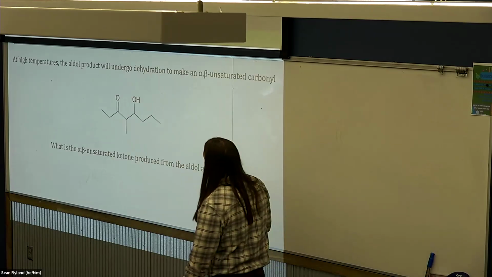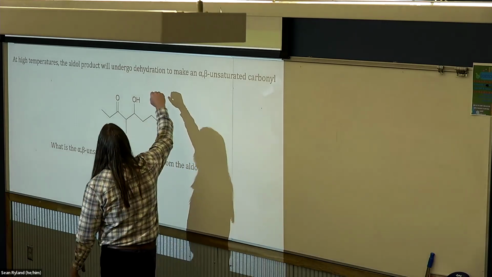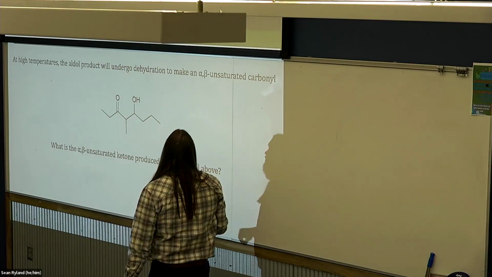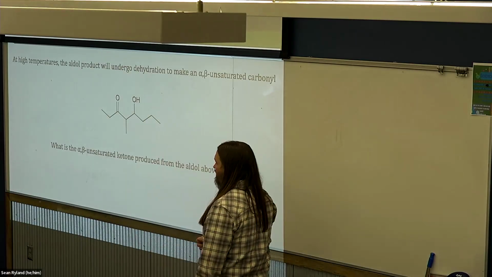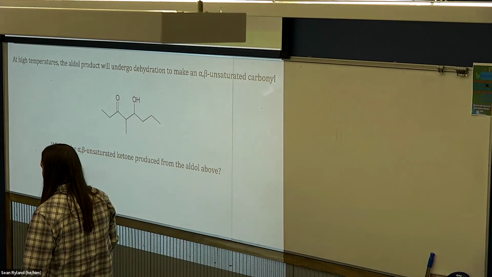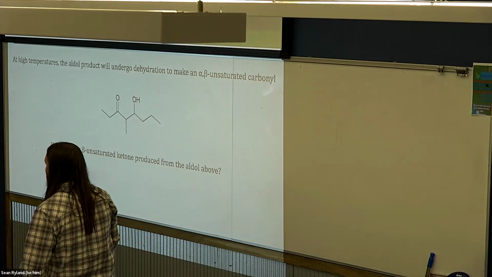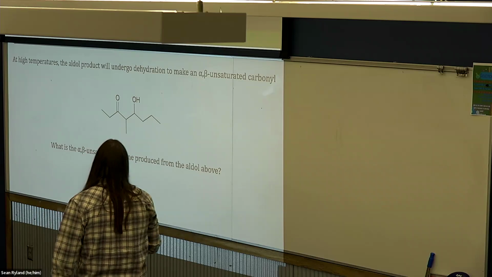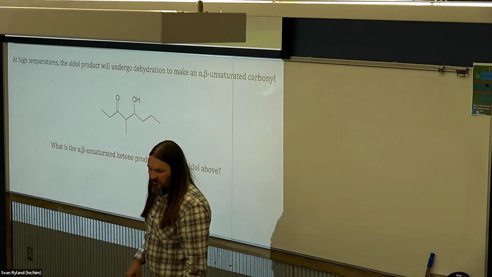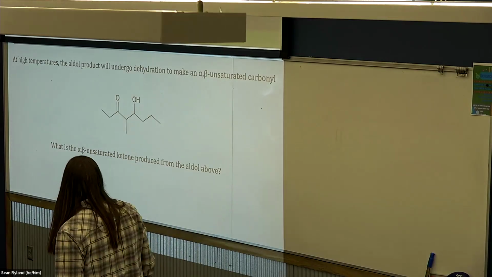If you do this at high temperature, the aldol will go through a dehydration reaction to make what we call an alpha beta unsaturated carbonyl. What does unsaturated mean? It has a double bond. So it's in between. Exactly. So what would the alpha beta unsaturated product look like here?